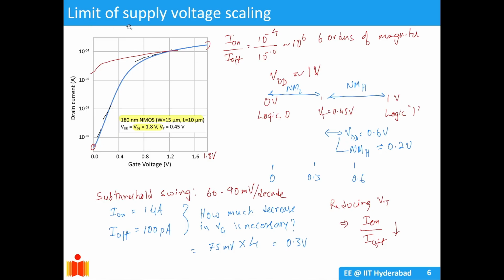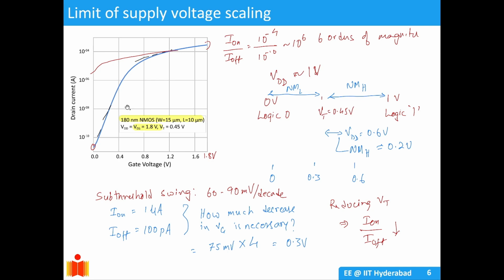Now we come to limits. Limit of supply voltage scaling. This is the graph for a 180 nanometer NMOS with W equals 15 micron, length equals 10 micron, VDD equals 1.8 volts, and VTH equal to 0.5 volts.